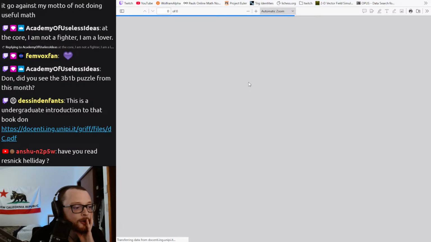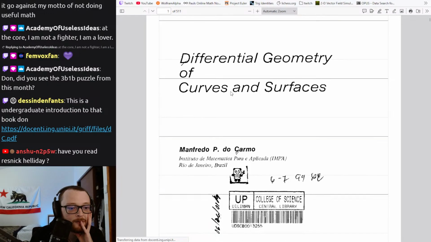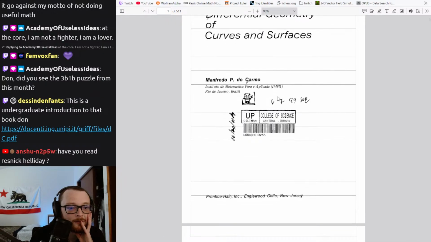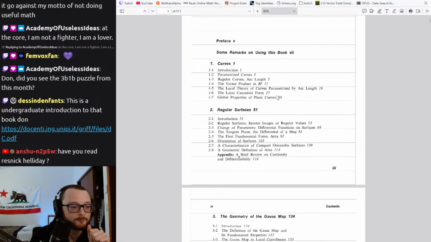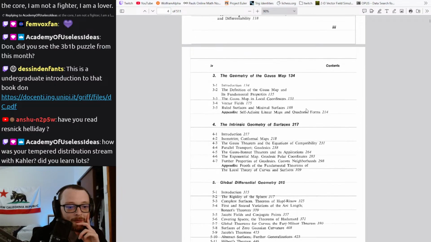Resonant Caliday? No, I've heard of it on Shu. I haven't read it though. I think Femlox has read some of it. Oh, this is the Do Carmo book. 511 pages. Okay, that's under half.